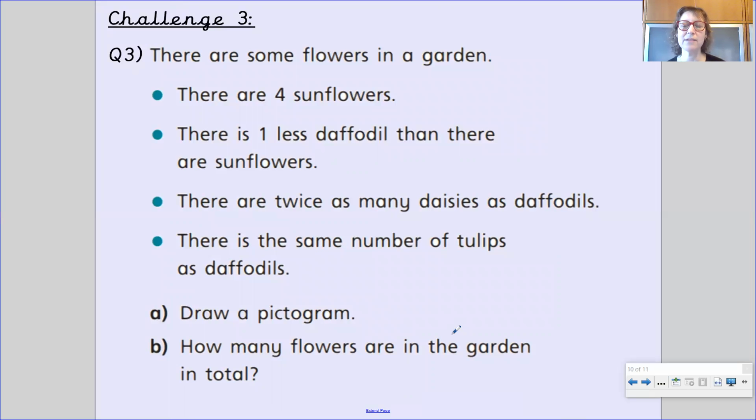And then if you count up all the pictures on your pictogram, and you could use flowers, you could use stars, you can use circles, whatever you want. If you add them all up, you'll find out how many there are in total. If you do use flowers, you can't use sunflowers, daffodils, daisies, and tulips. They all have to be the same picture. So you're just using 1 picture for your whole pictogram, and please remember your key.